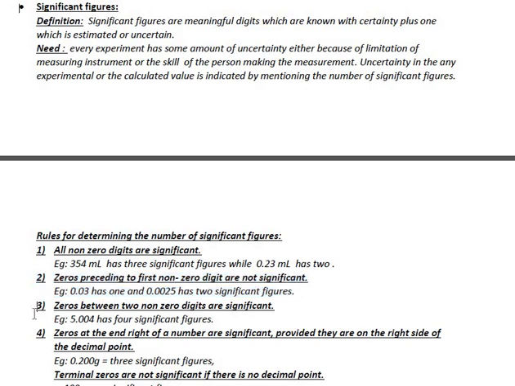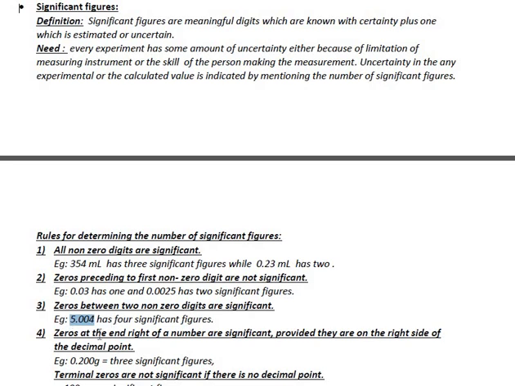Let us talk about the third point now. Zeros between two non-zero digits are significant. I repeat, zeros between two non-zero digits are significant. Let us see the example: 5.004. Now, in this number, there are two non-zero digits.